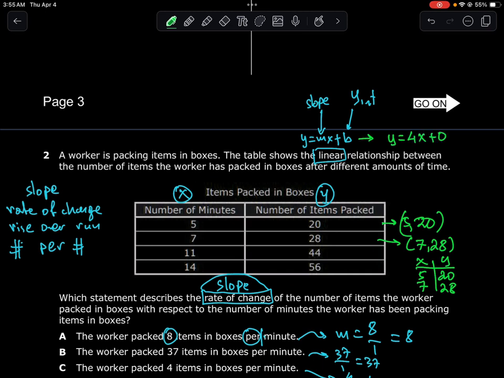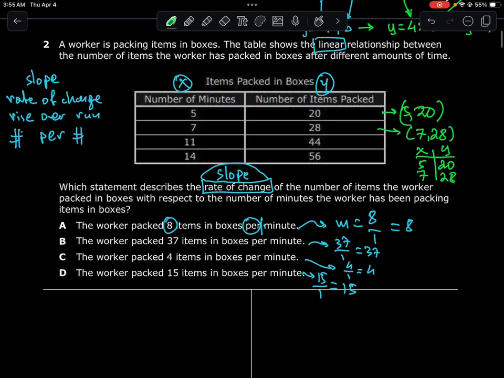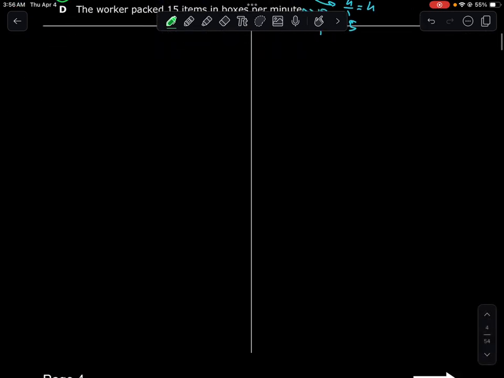Now the plus 0 doesn't add anything, so we write it as y equals 4x. Also, from this we know the slope is 4 and the y-intercept is 0. I look at my answers, and I see there is a 4, so this one would be the correct answer.